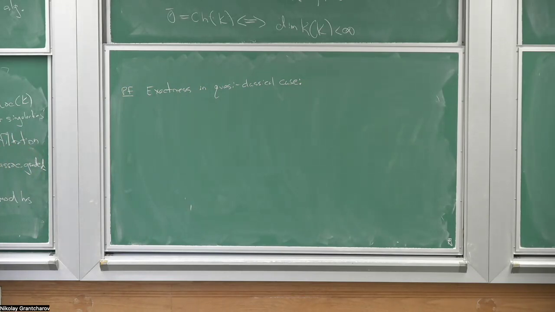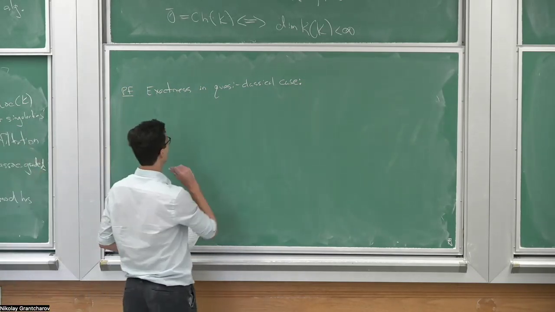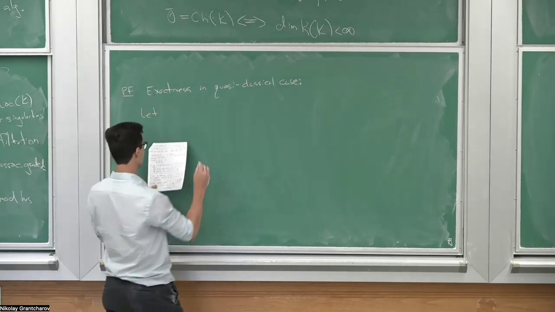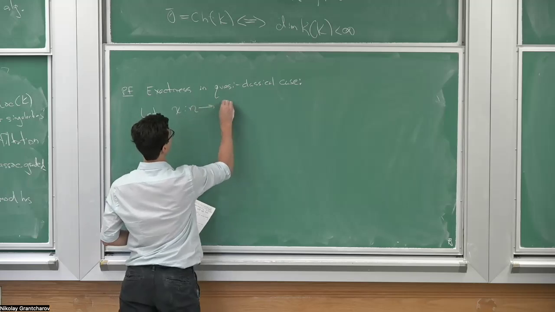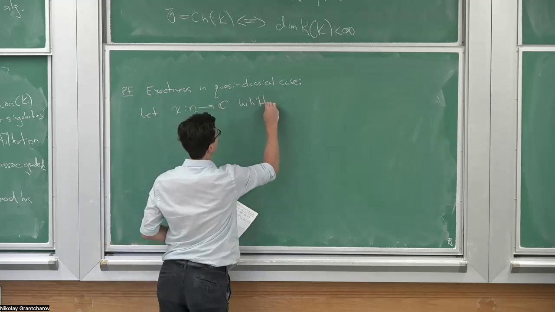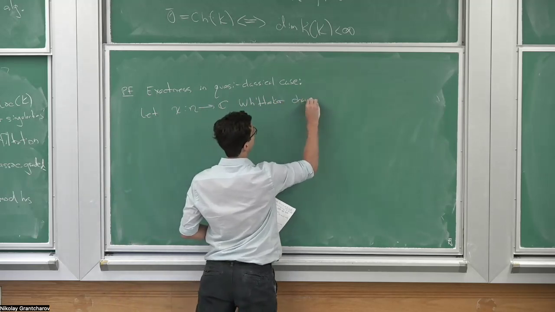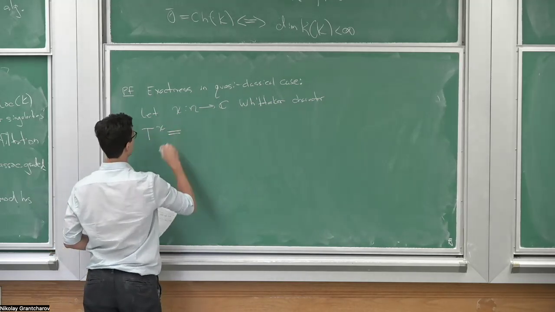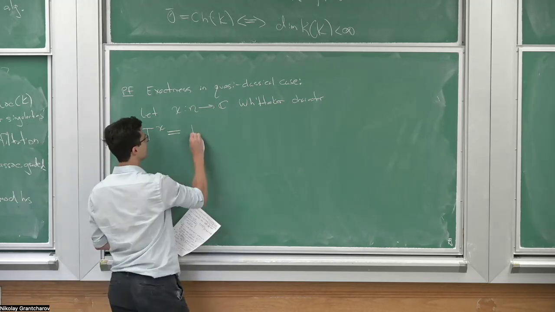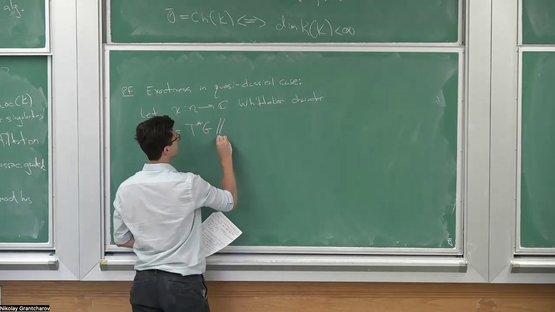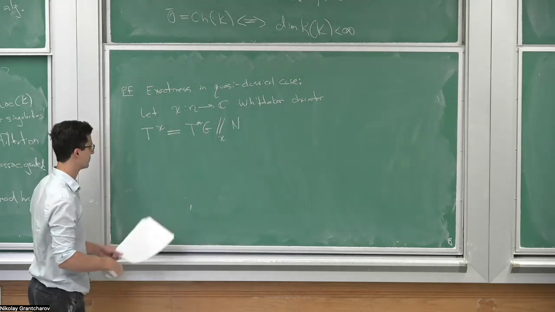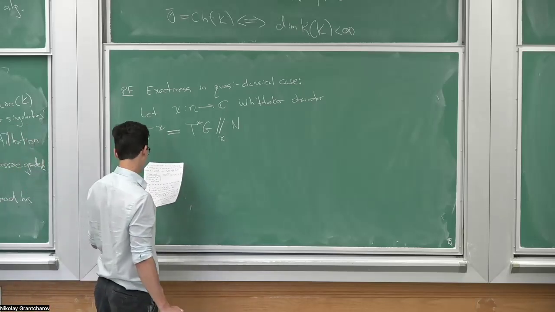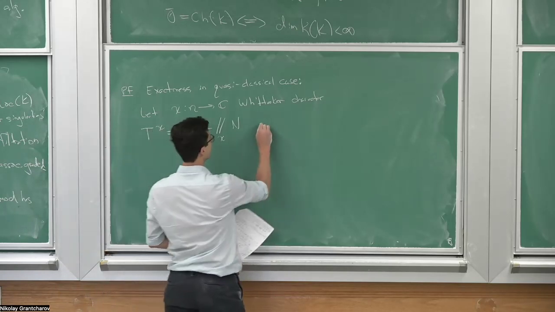So what do we have to prove? So you have the following. I'm going to slightly switch notation. And let's look at the principal case and take the Whittaker cotangent bundle. It's this Hamiltonian reduction of T*G along N. This is affine.